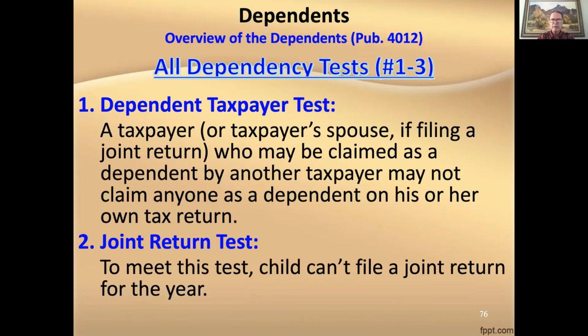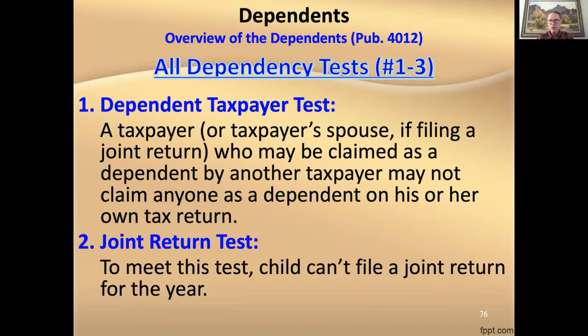And they say, oh yeah. So you have a young adult living at home with their parents, and the young adult is now a father or a mother. If the parent is claiming the young adult as a dependent, then that young adult may not claim their child as a dependent. The second one is a joint return test.